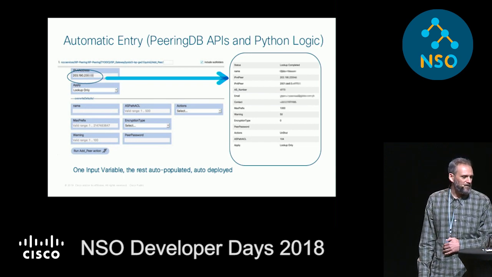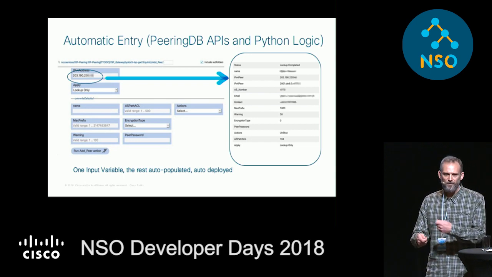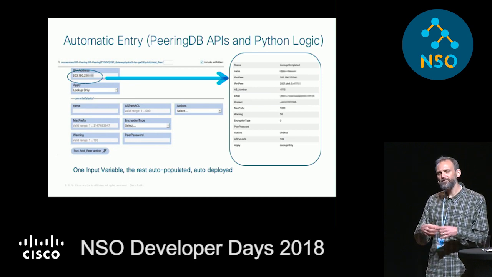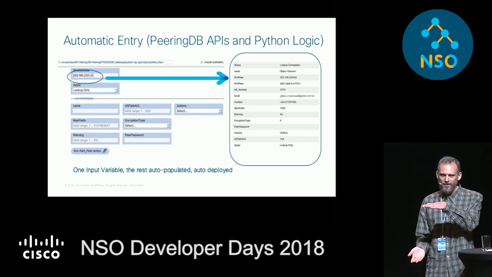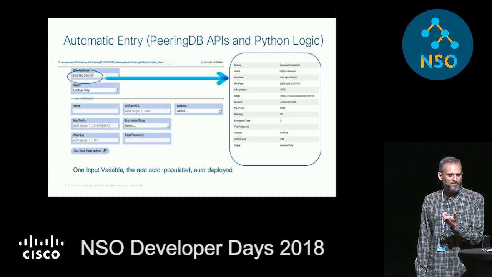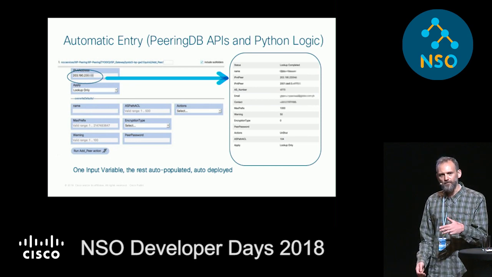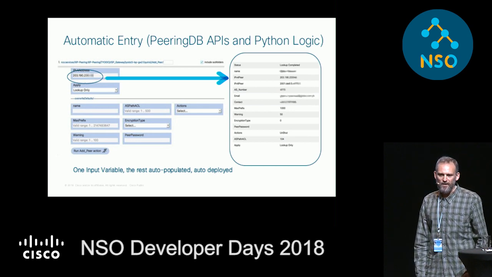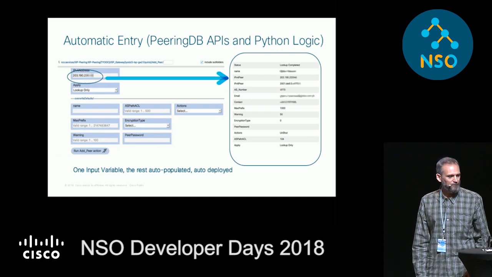The only one that had to be done with an automation within NSO itself is the AS path ACL, because that's specific to the router config itself. For every single peer we have a unique AS path ACL. So the automated entry goes and looks up the state of the router, looks to see what the last AS path ACL is, and then finds the next spare one that we can apply for that peer.